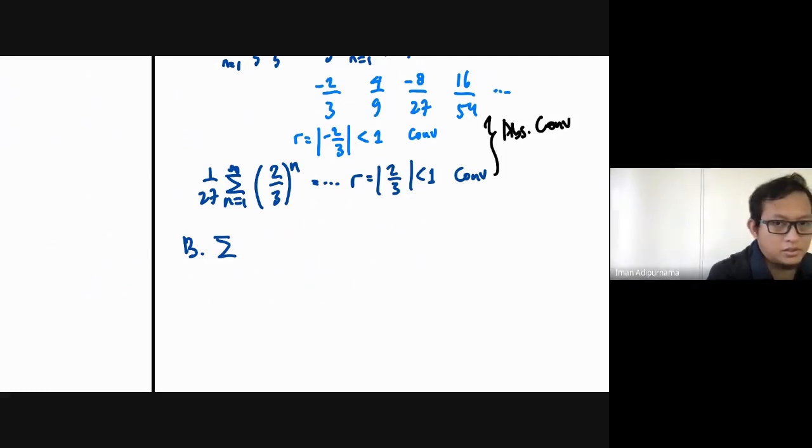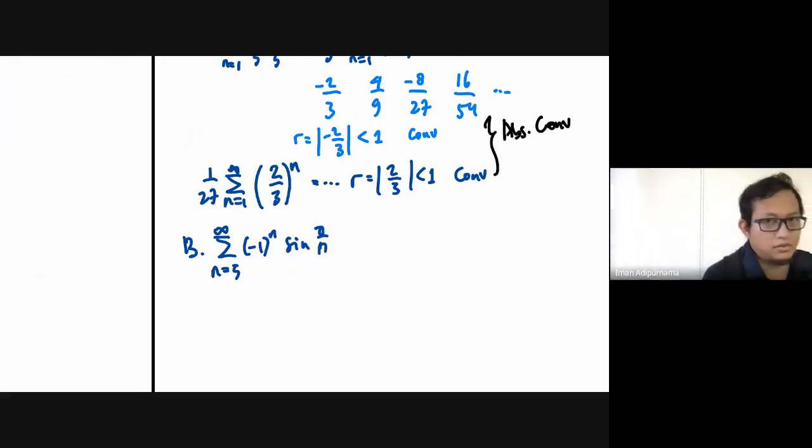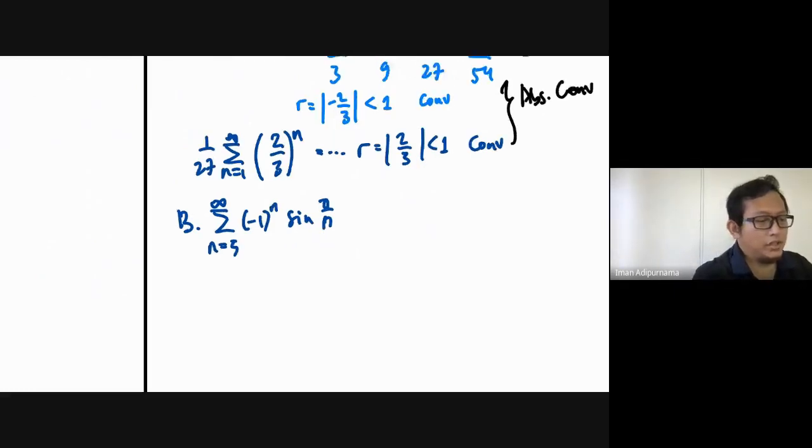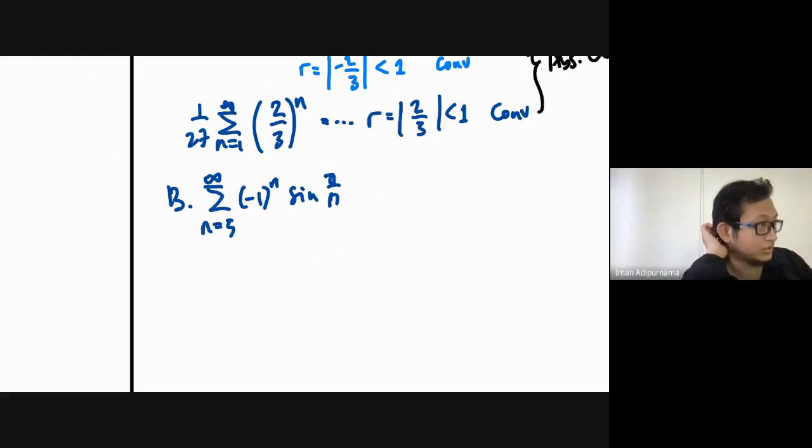And what about B? First, look at B. It has (-1) to the power of n, so obviously it's an alternating series, right? And then you have sine of pi over n. In an alternating series, you only need two requirements for the series to converge.